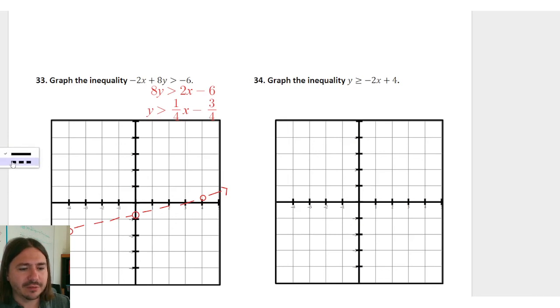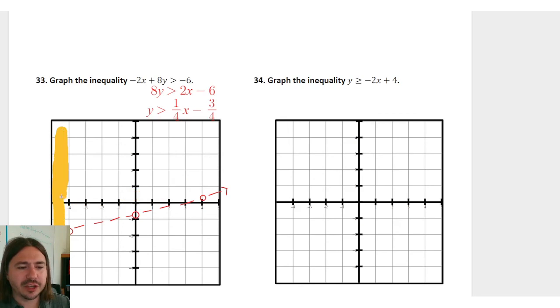Oh, look at that. It's been there the whole time. Okay, well, better luck next time. I should have at least checked. Oh well. Okay, so that's fine. So now we're going to shade, and since it's y is greater than, we're going to shade above. I can't believe I didn't check that earlier. I've been talking about it so many times, and I just assumed it wasn't there.